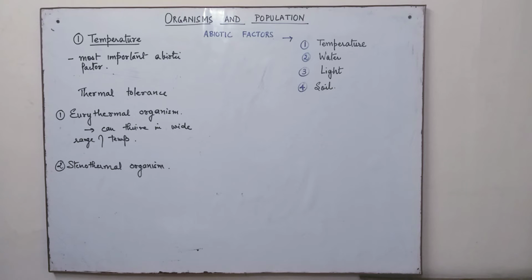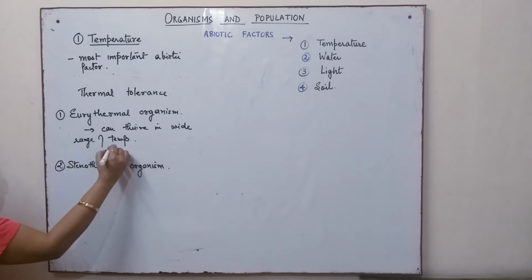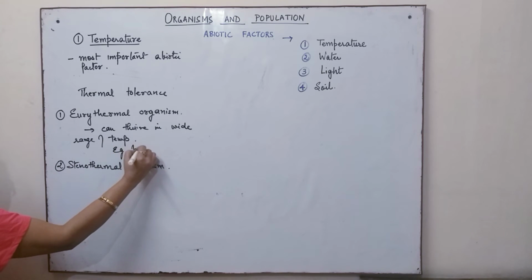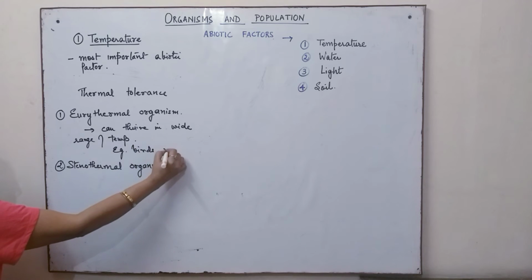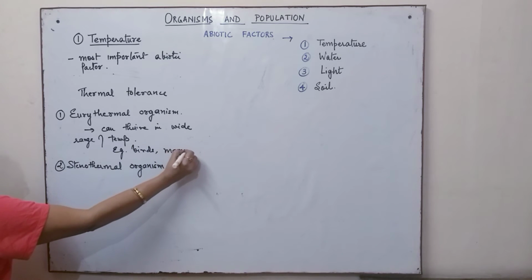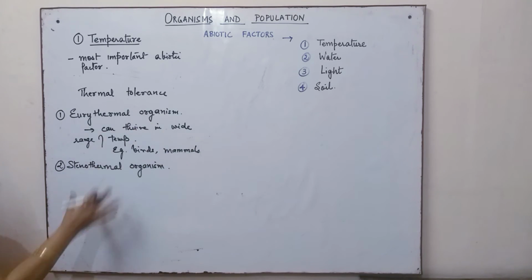It's very easy. Birds and mammals are very good examples, like human beings. We belong to eurythermal because we are capable of surviving in a wide range of temperature.